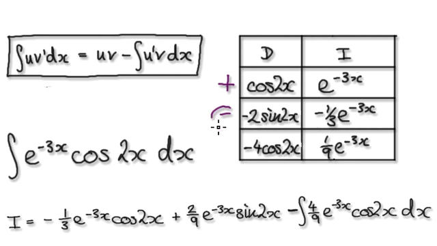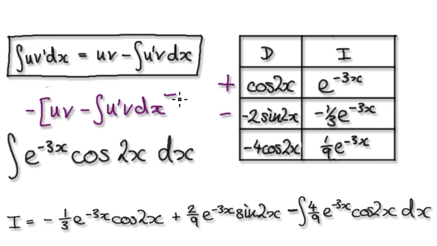If you look at this here, at the moment it's negative. For it to be negative, you will have to have this scenario here: u, v, and then minus the integral of, no, sorry, v here, and then u prime v dx here.